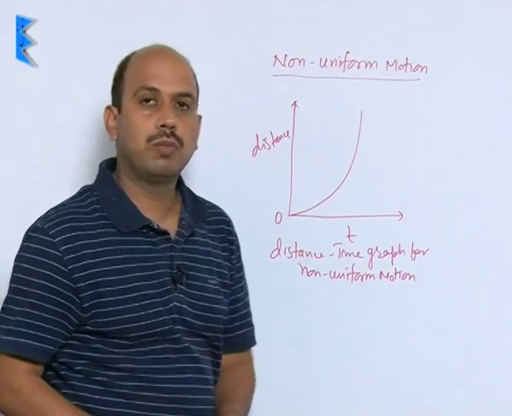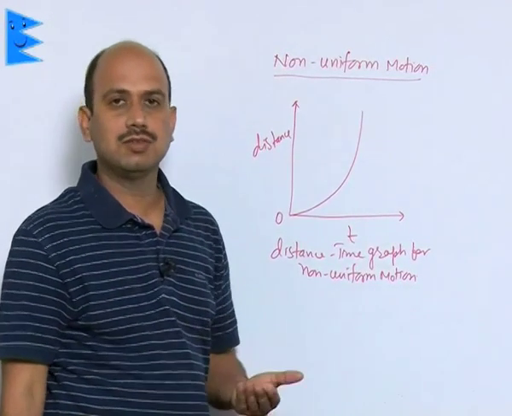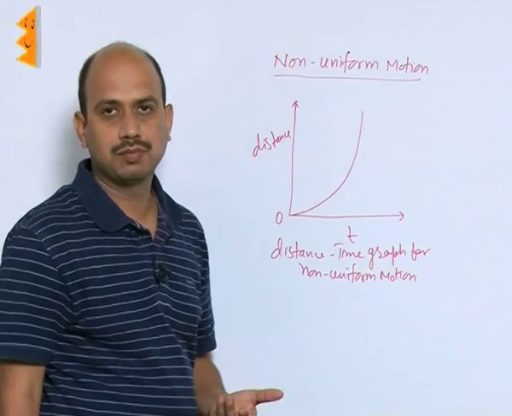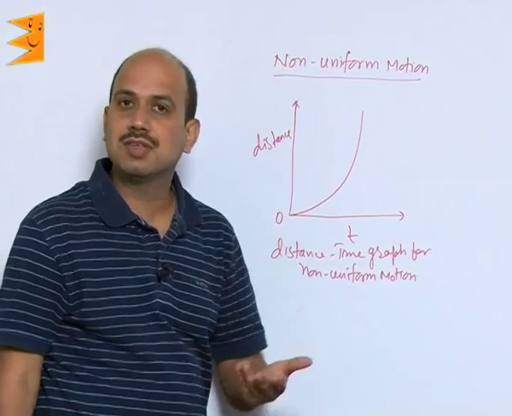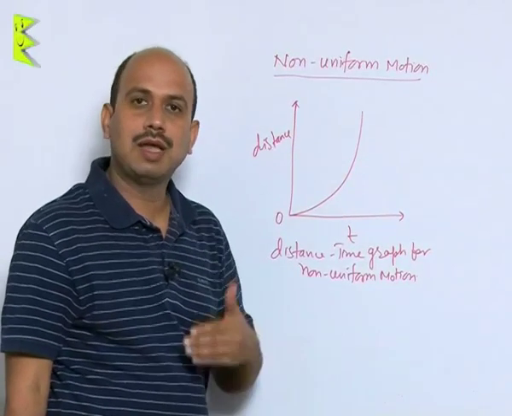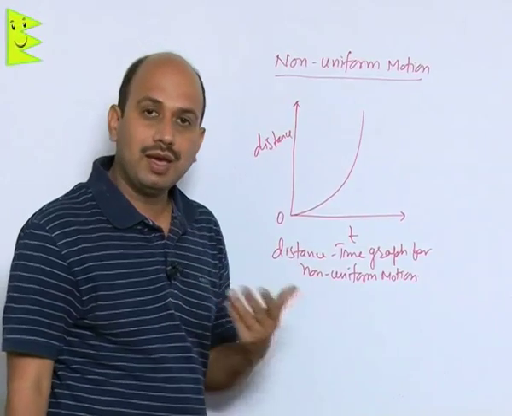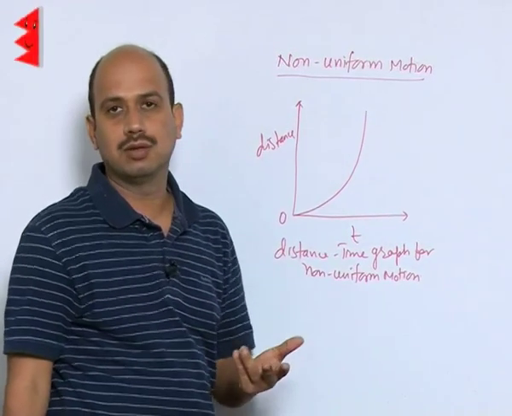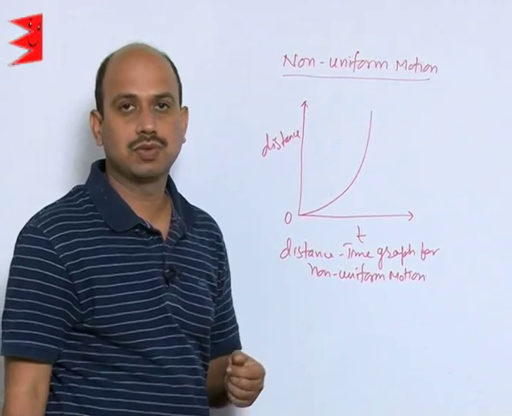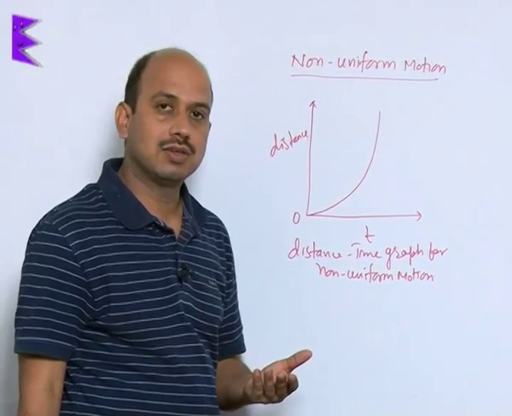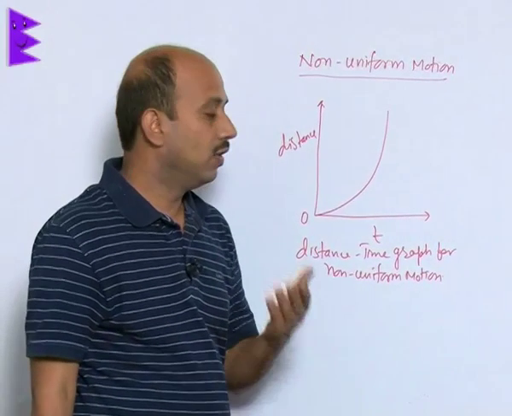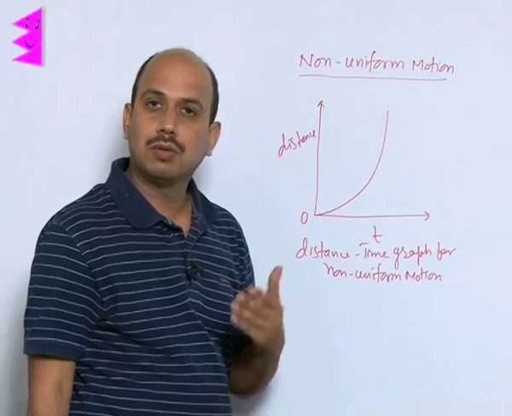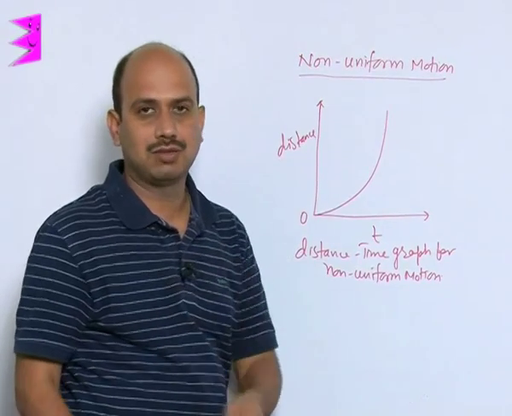See here, when body is traveling unequal distances in equal intervals of time, suppose it is traveling more distances in the equal intervals of time, every time distance is increasing, we can say body is accelerating, body has acceleration. So, when the body has acceleration, we can draw velocity time graph for the body having uniform acceleration.